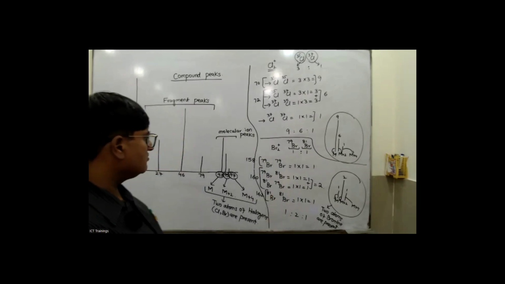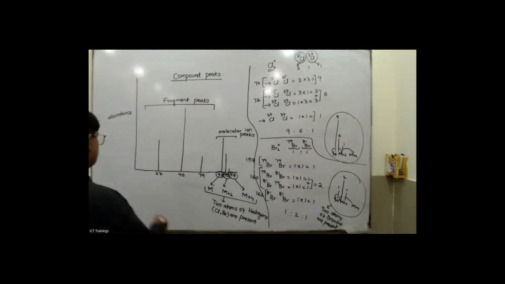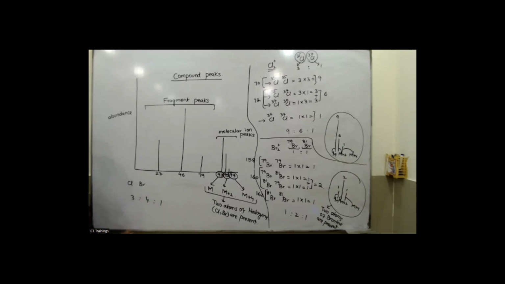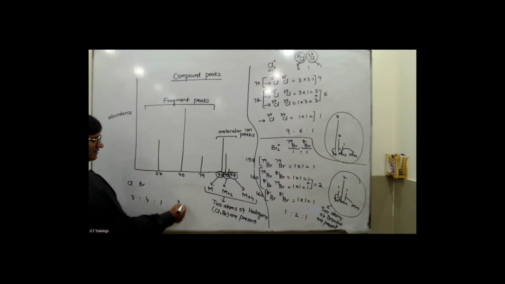Okay. Now the last thing, my dear, if you got 1 atom of the chlorine and 1 atom of the bromine, so these are the 2 different atoms. So in that case, you just have to memorize the ratio of the height. That is 3:4:1. Okay, the first peak is 3. The second one is of 4.